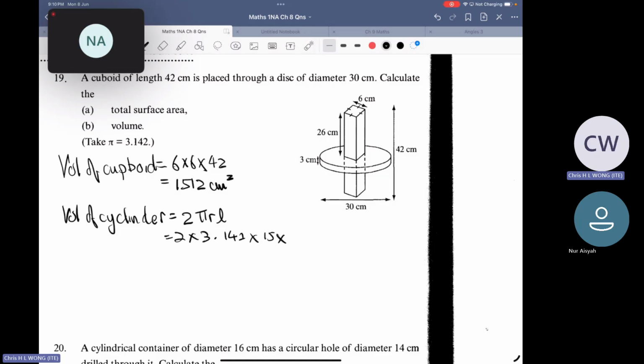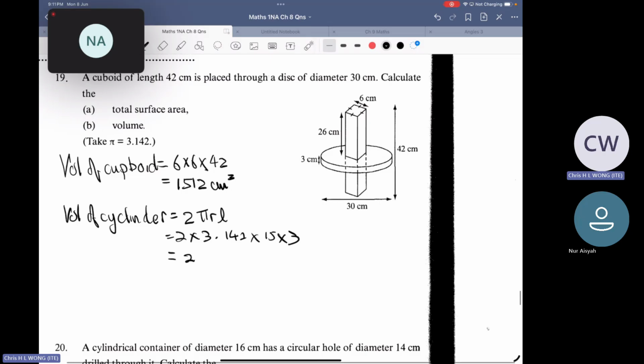Very good, 3. That will give me 282.78. I underline this first. 282.78 cm cube.